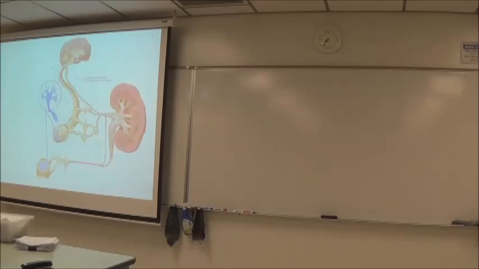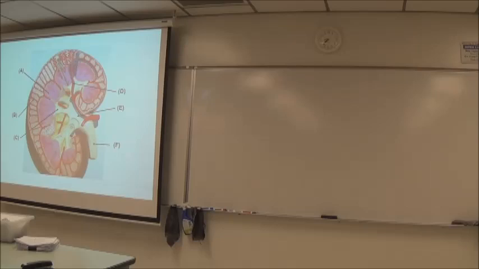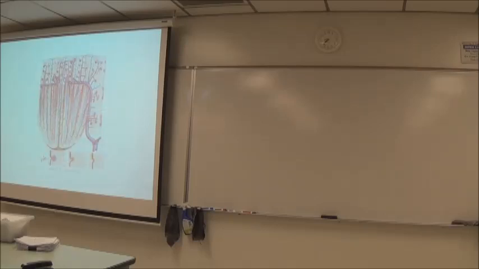When we come back to the blood supply, here we have a renal pyramid, interlobar artery, and here we have the arcuate and the interlobular, or cortical radiate. I'm just going to say interlobular, so I don't have to repeat myself every time.